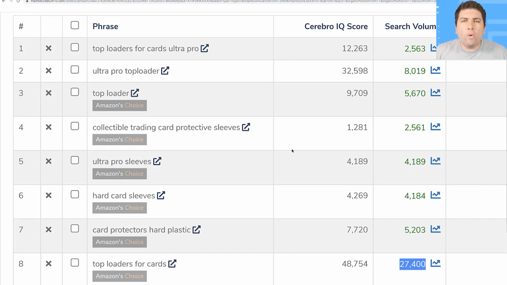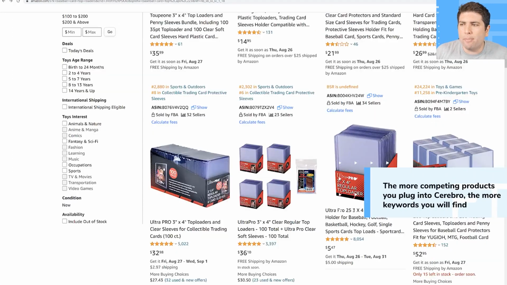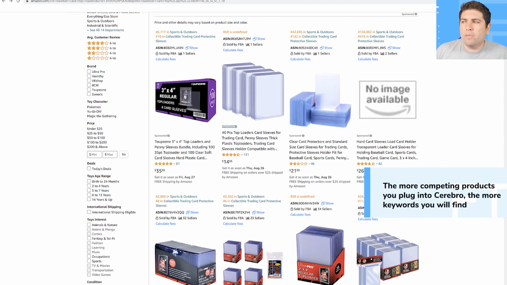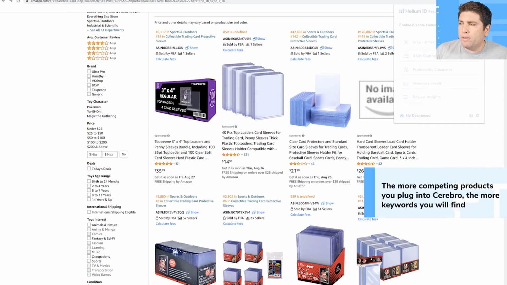So what's a way that we can get the top keywords for a niche instead of just one product? It's by comparing multiple ASINs, multiple products. How do we do that? Let's go back to this example right here. I'm going to run Cerebro right here. Now, here's the thing.